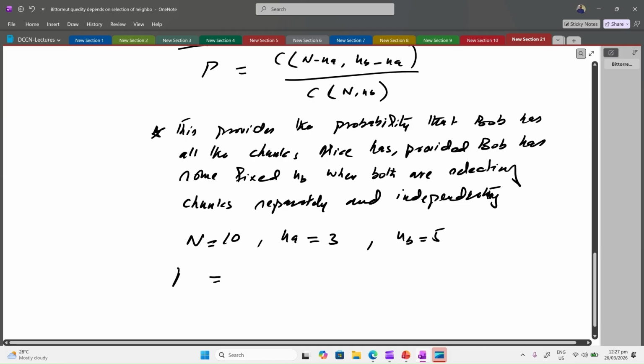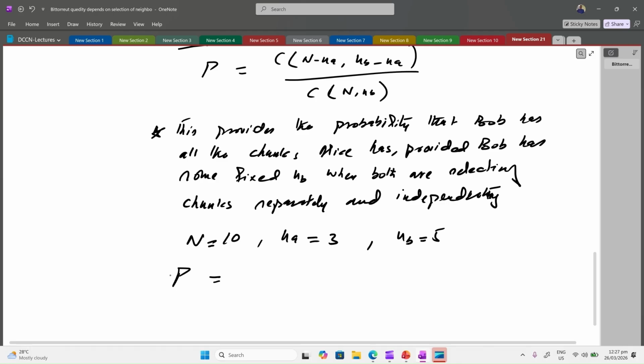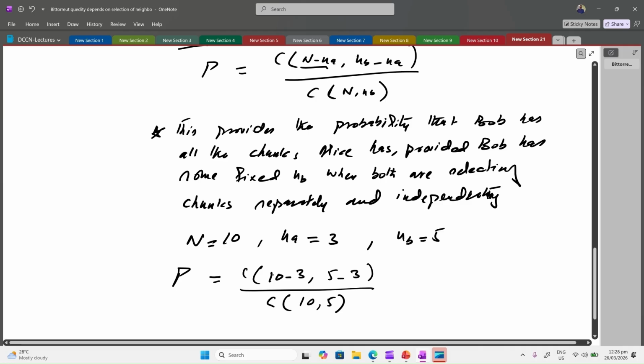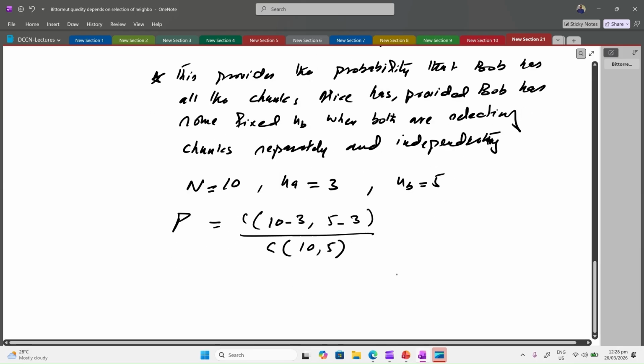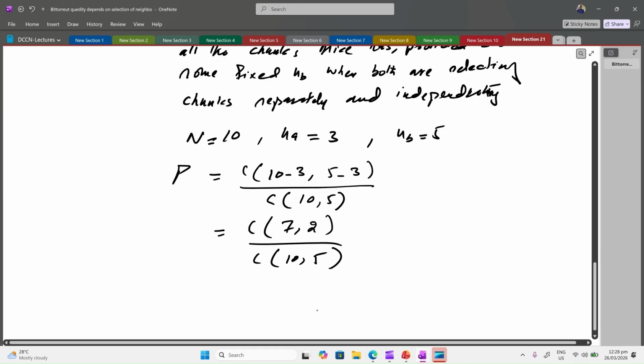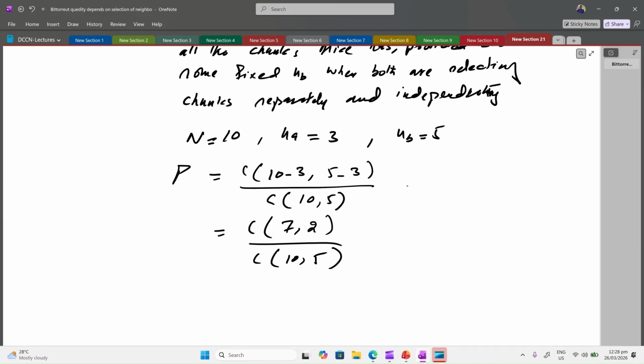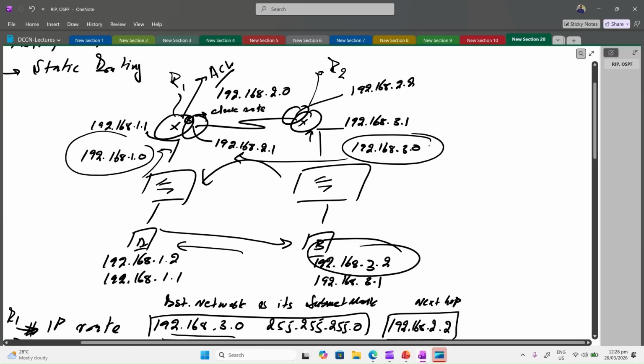The probability that Bob has all the chunks that Alice has is equal to this formula, and let me put this value minus 3, right? So now this means I have these values 7, 2, and 10, 5. Any confusion up till now? The important thing here is that the number of chunks Bob has is fixed, right?